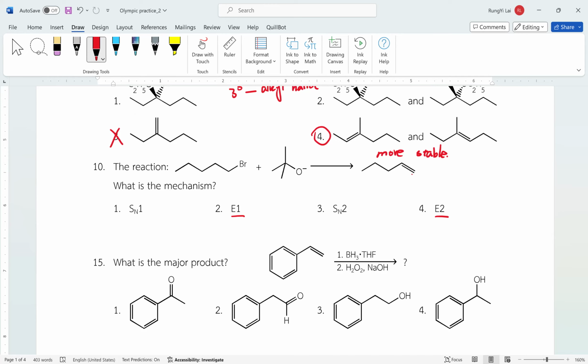This one is the primary alkyl halide. Primary alkyl halide will prefer the E2 mechanism, right? Because with a primary alkyl halide, if you want to undergo the E1 mechanism, you will form the primary carbocation. It's very, very unstable. So you will just directly go through the E2 elimination.